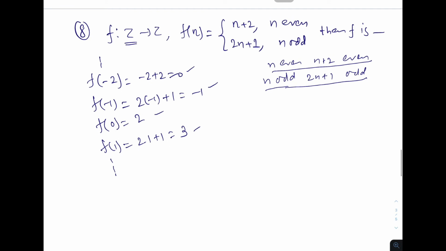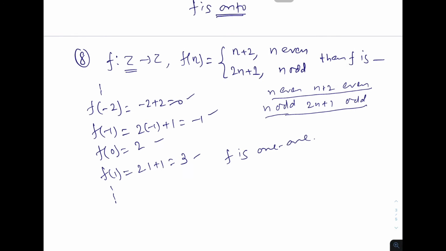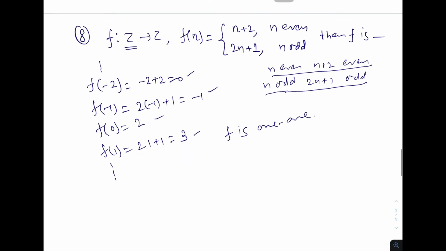So you can definitely say that f is 1-1. Different values have different images. What about onto? For that we can take 1. Say 1 is not there in any image. You can see that 1 is not in the range, because here it is 0, minus 1, 2, 3.